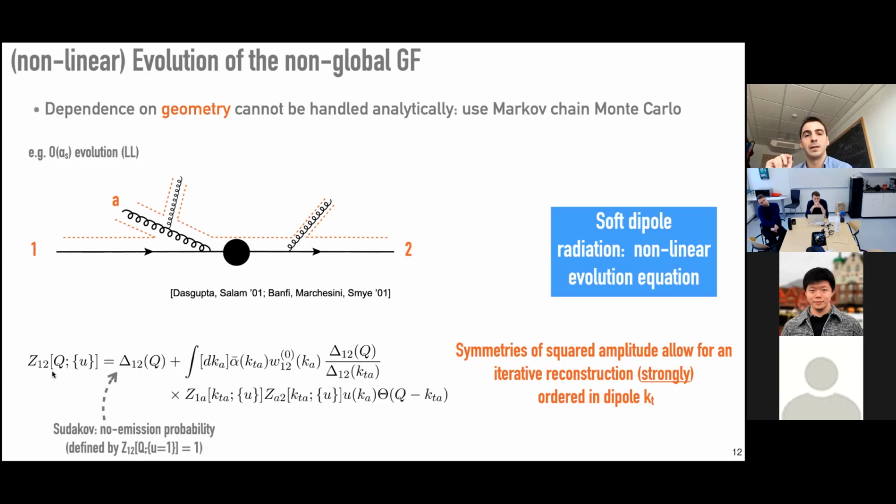So basically, you exploit now that operational connection between the generating functional and the probability of having a final state with n partons. And you write a Monte Carlo algorithm that essentially implements the evolution of the generating functional itself. So by doing that, the solution of the Monte Carlo will be the solution to the evolution equation, essentially.